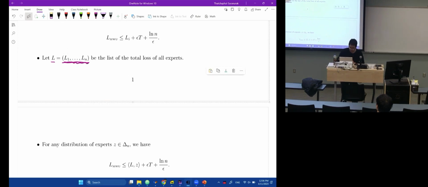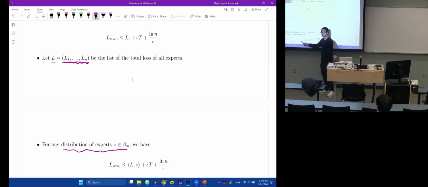Now, what do we have? We can just say that if you have any distribution over experts, our loss compared with this average loss of our experts is less than it, just because our loss is less than Li for every i.